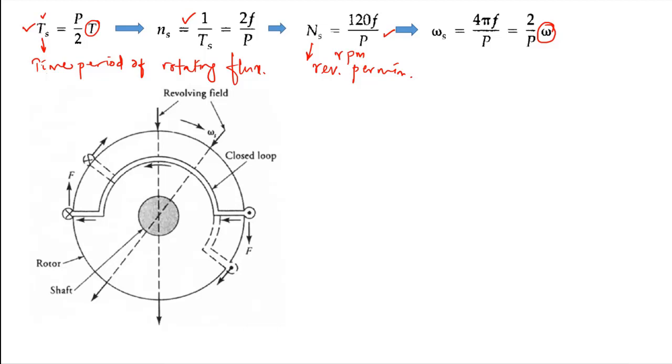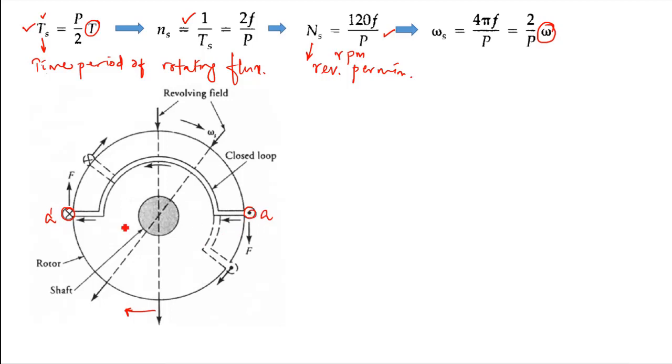So there will be a change in flux linkage in the coil, right? Suppose let us say this coil is placed in that rotating flux. This is your revolving field, right? This field is revolving in this direction, right? Let us say, right? And here we have a coil. This is your coil, right? Let us mark it as A dash, right?